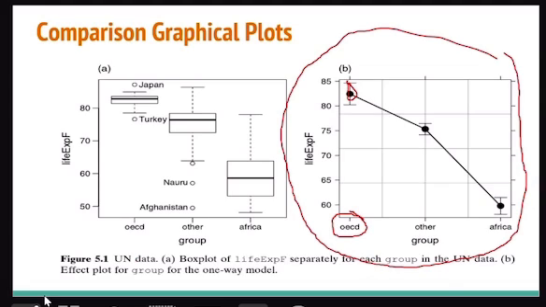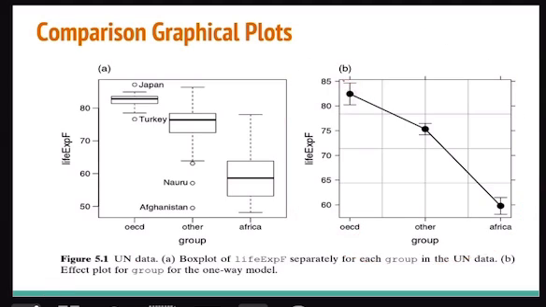Of course, I have a confidence interval constructed for each of the groups. And let me tell you this: the fact that there is no overlapping between the confidence intervals of the groups shows that the difference between the three groups in terms of life expectancy is statistically significant.